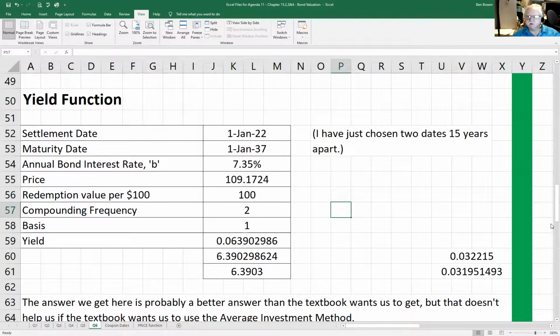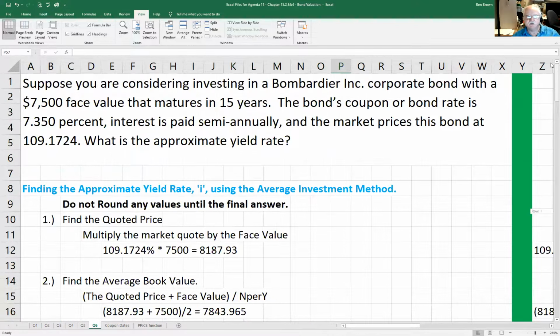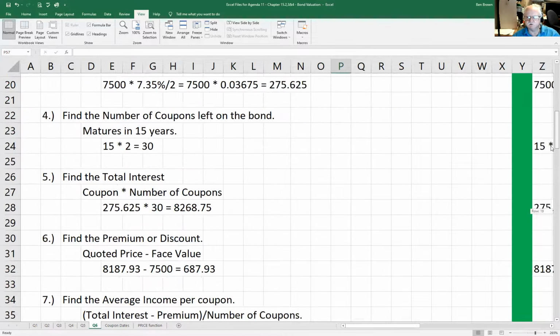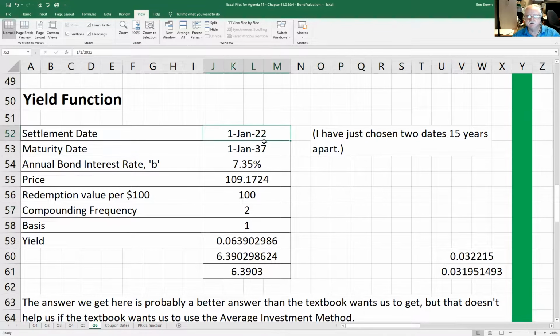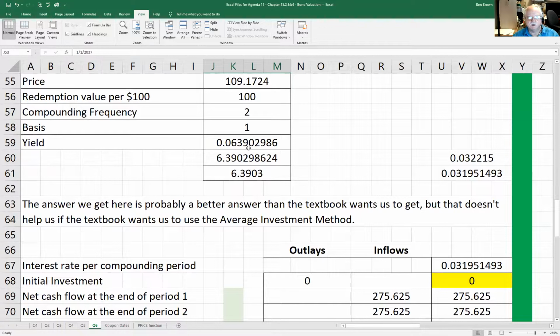Now, notice in the question, they just told us it was a 15-year bond, matures in 15 years. So here, I've just chosen 2 dates, 15 years apart. And then we calculate the yield.